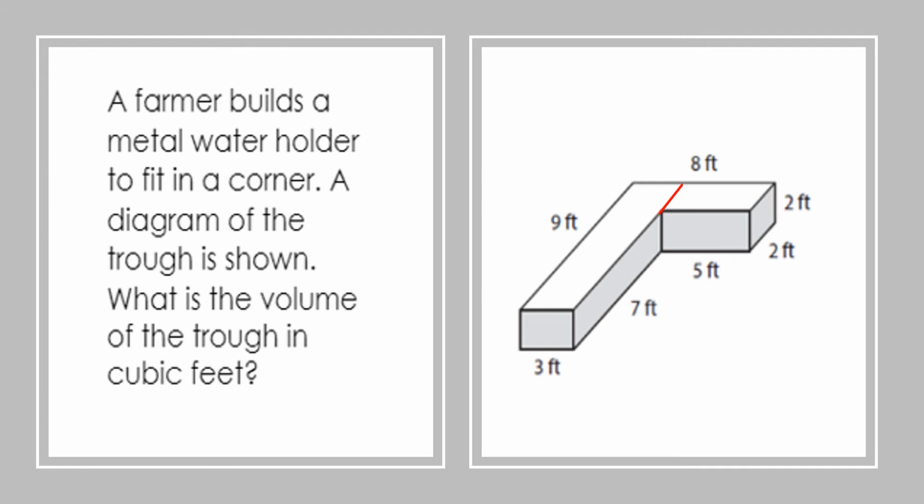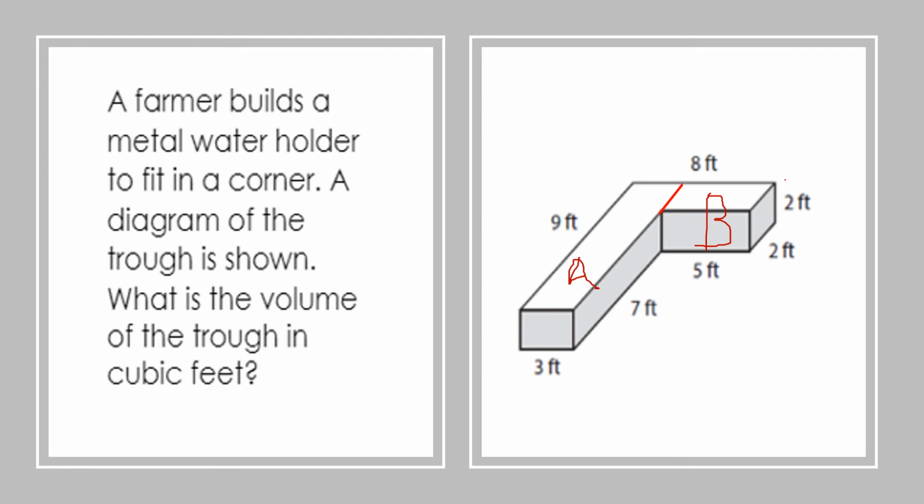To help me understand this, I divided this one prism into two separate prisms. So now I have a side A and I have a side B. And this is just like the example that I gave you last week.